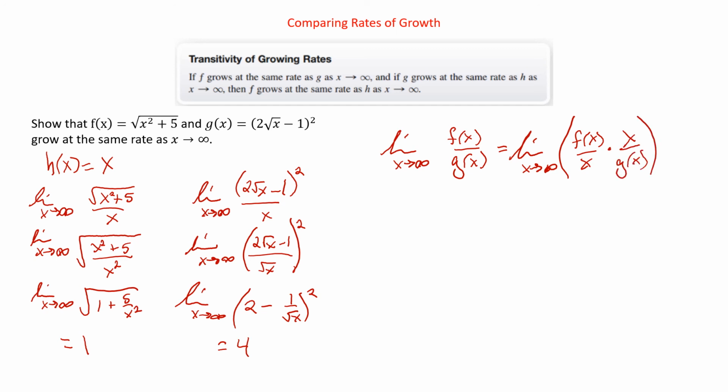Because the x is canceled and we have f of x over g of x. But we know that the limit of f of x over x was 1 times, now the limit of x over g of x, if we find the reciprocal of 4, that would be 1/4. And so if we did do these directly, we would end up with 1/4.